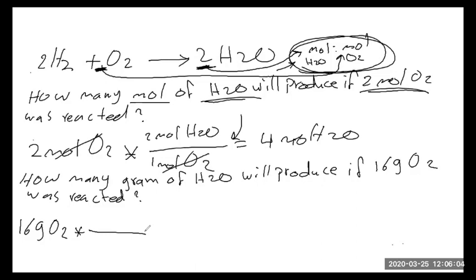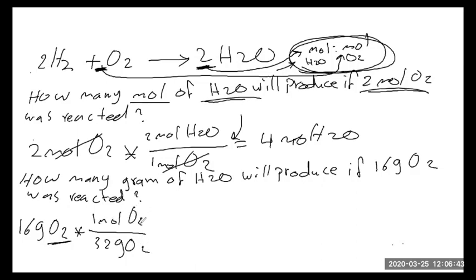Add together the atomic masses: H2O is 18 in gram, and this is O2, which is 32. Where will you put it, in the top or in the bottom? The bottom. So here 32 gram O2, and in the top will be the 1 mole O2.